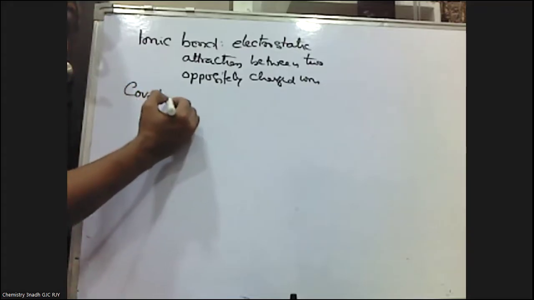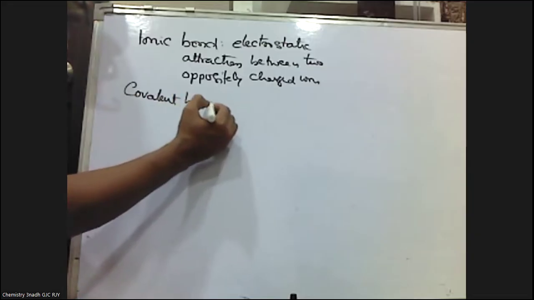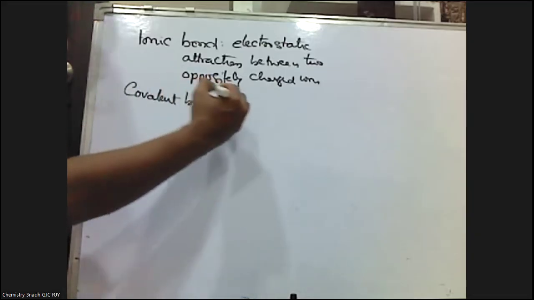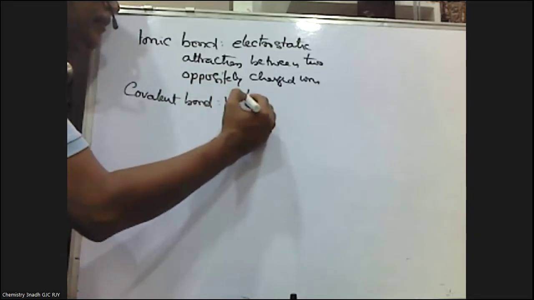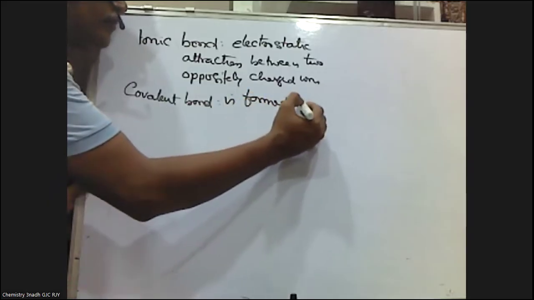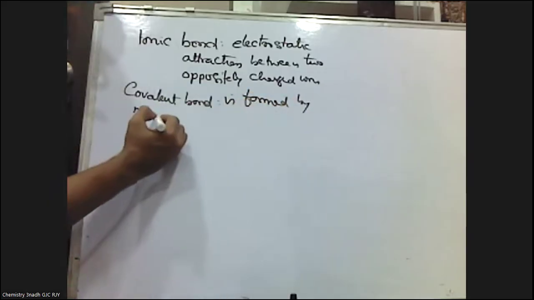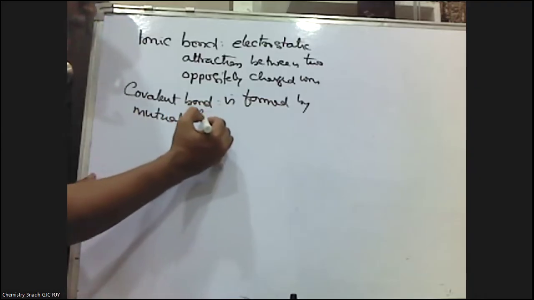Whereas a covalent bond is formed by the mutual sharing of electrons.